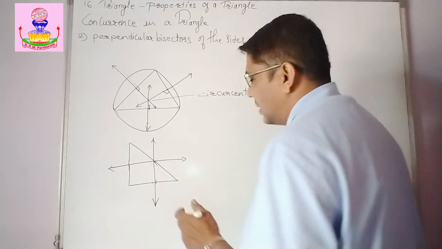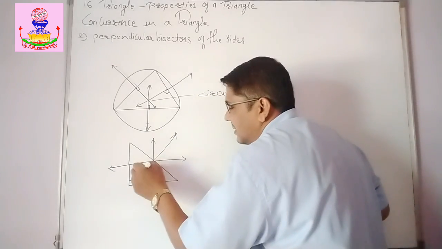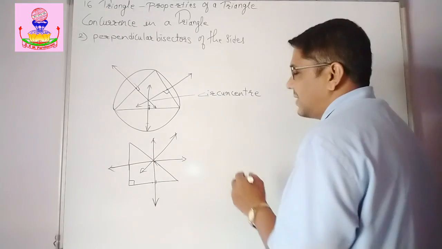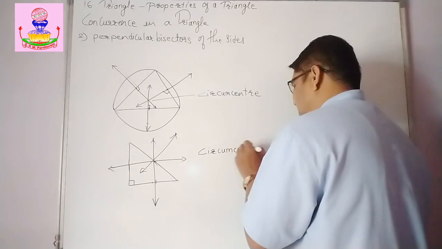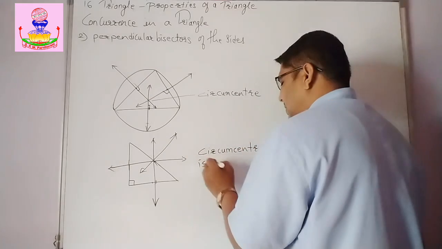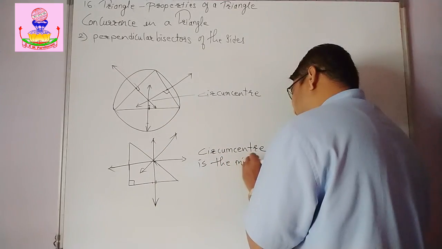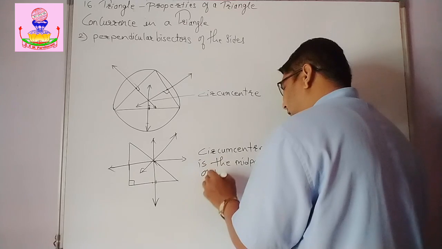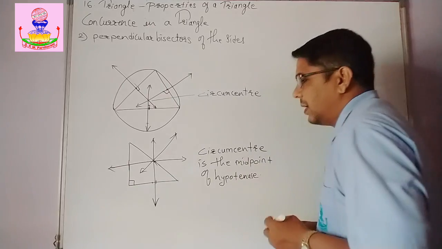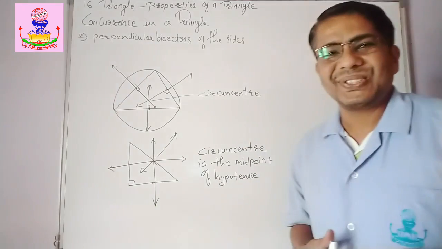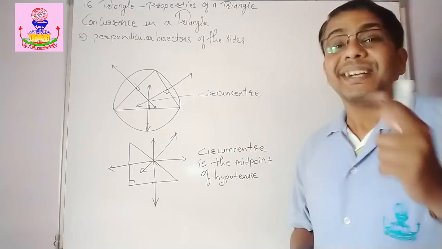It is the midpoint of the hypotenuse. Okay, so perpendicular bisectors, the third will be here like this. So the circumcenter is the midpoint of the hypotenuse. Okay, it is the midpoint of the hypotenuse, and that will help you.